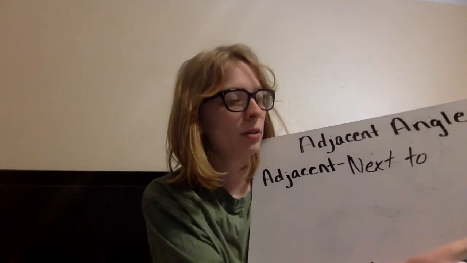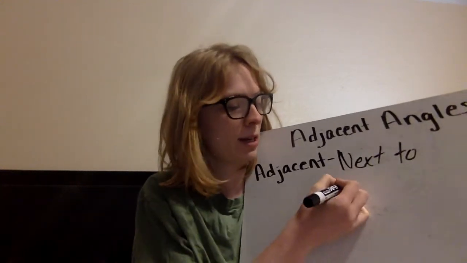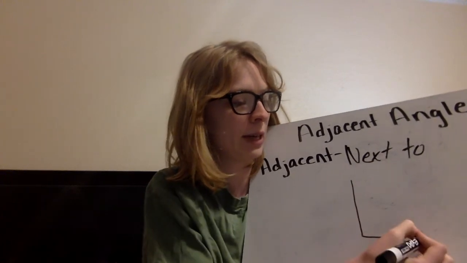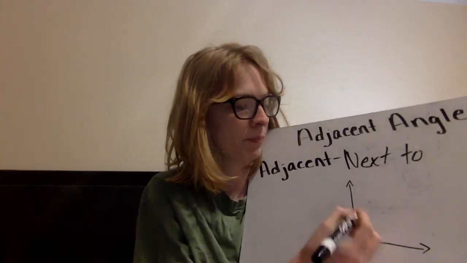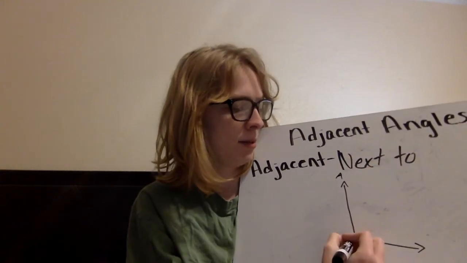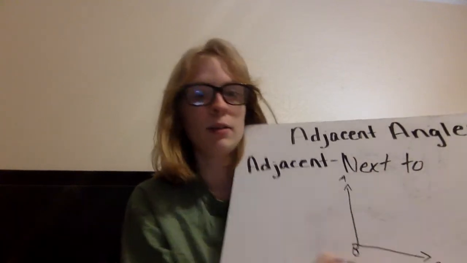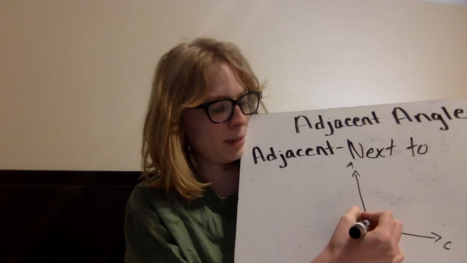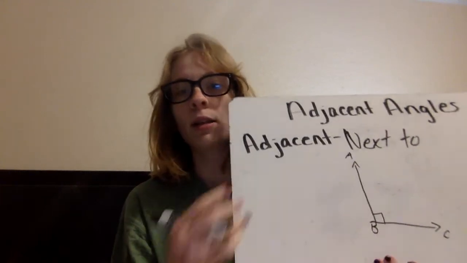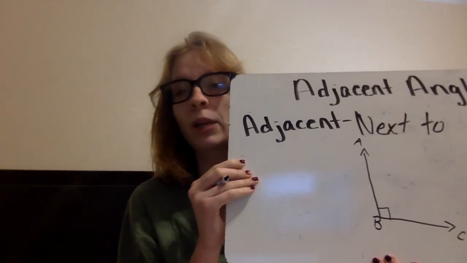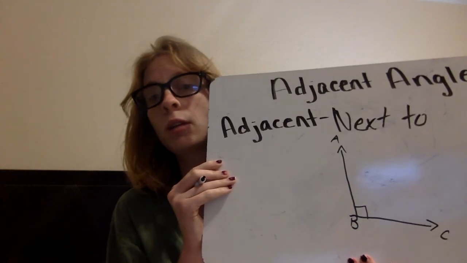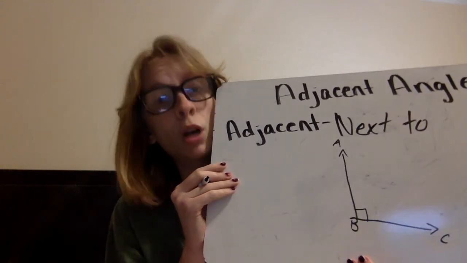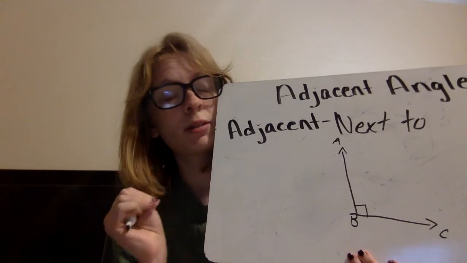So to do this, let's pretend we have this super cool 90-degree angle, right? This is A, B, C. We know that angle ABC is 90 degrees. I know that most of you can tell just by looking at it that it is more than 90 degrees. That is because I'm bad at drawing. So just pretend that it's 90 degrees.